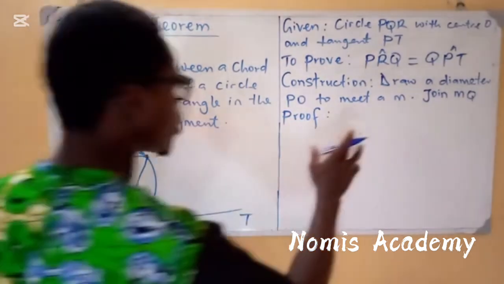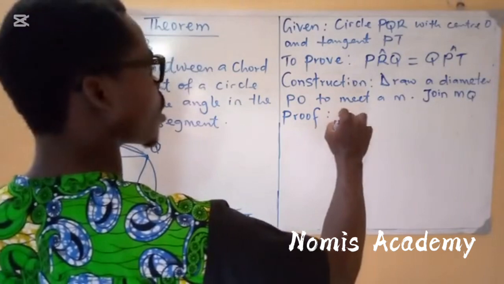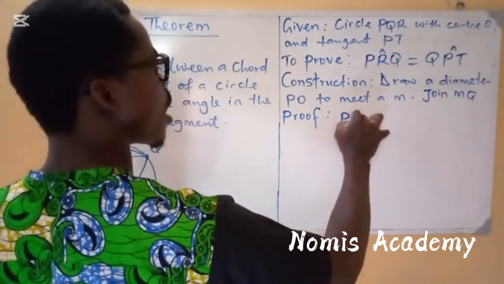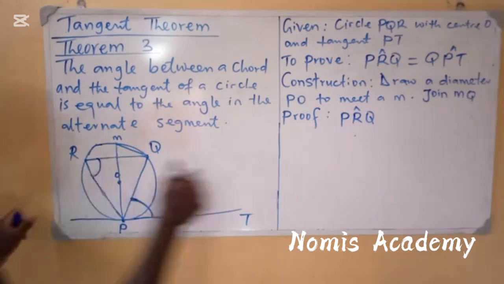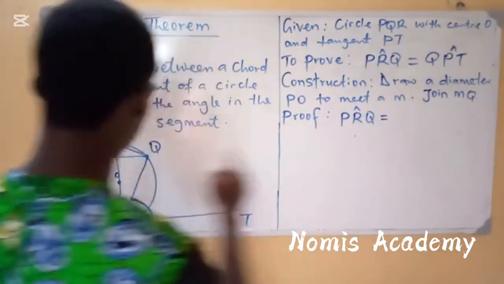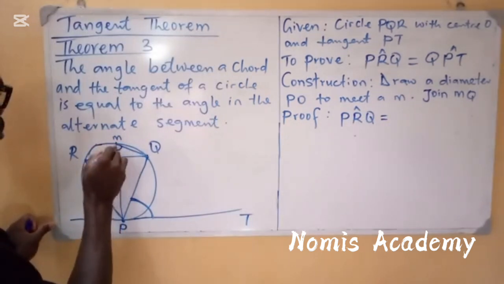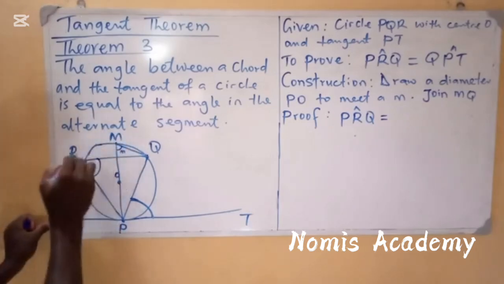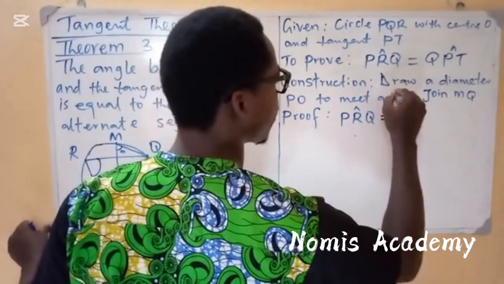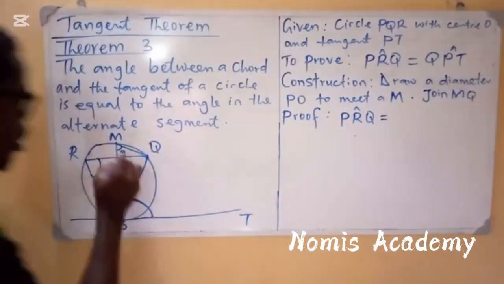So the first thing we need to consider is the angle PRQ. PRQ is equal to the angle at M. So let's call this M. This is capital M, while this is small m.